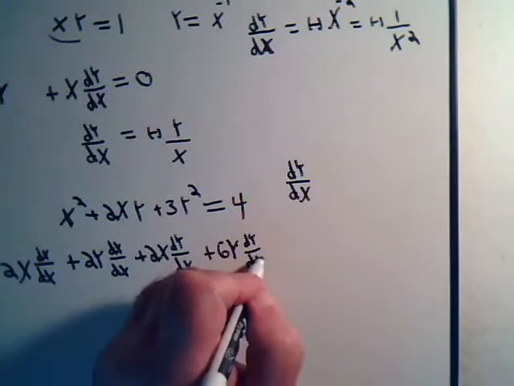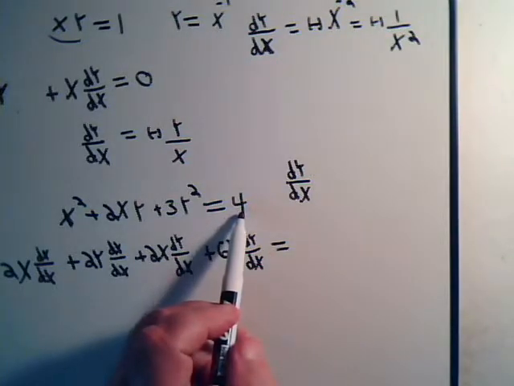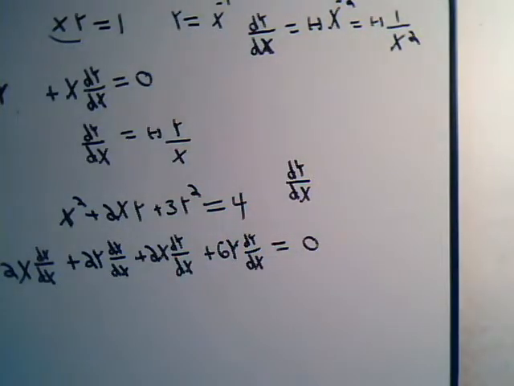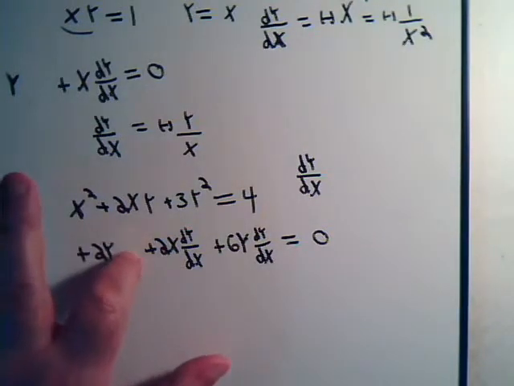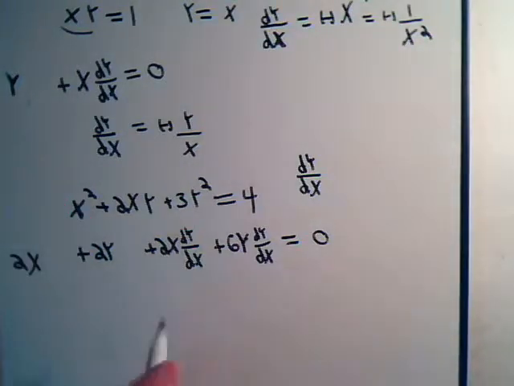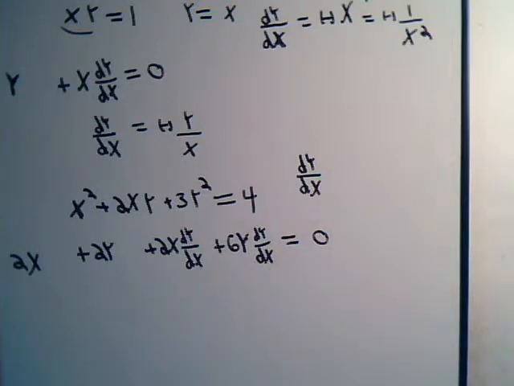Don't forget to take your derivatives. This equals the derivative of 4, which is 0. And this dx/dx, that's 1. We put them in there just to remind ourselves. And here we have dy/dx equals 0.